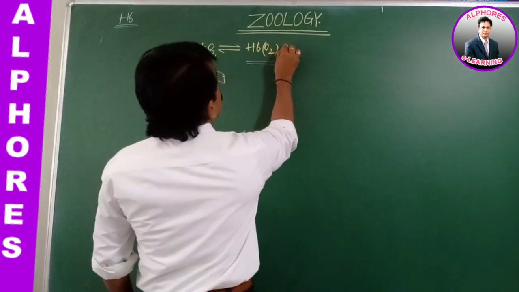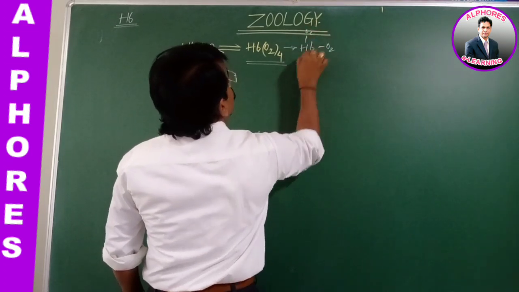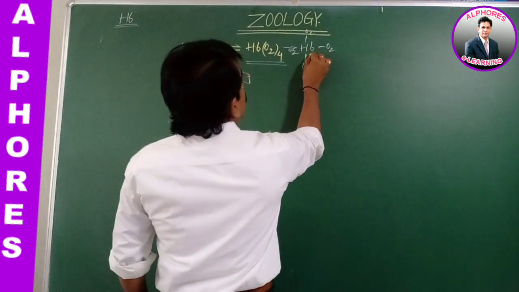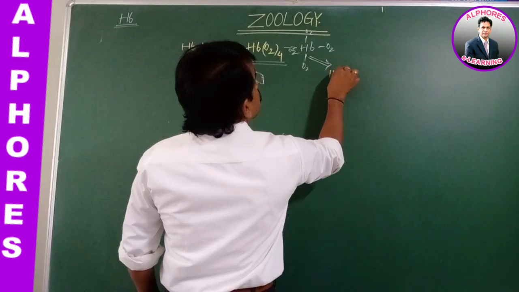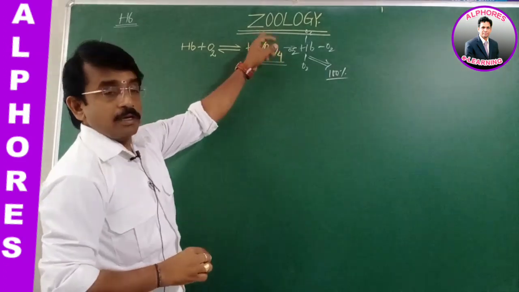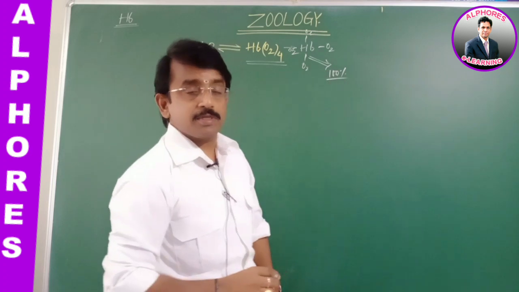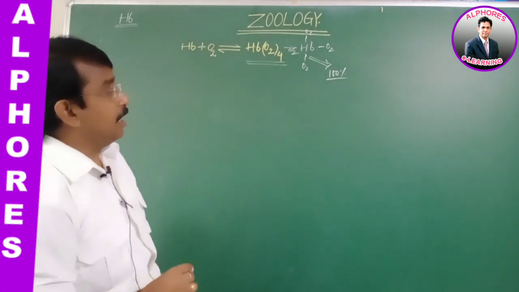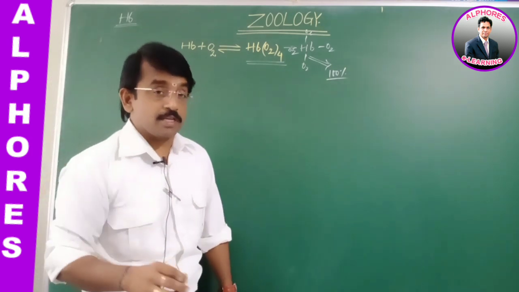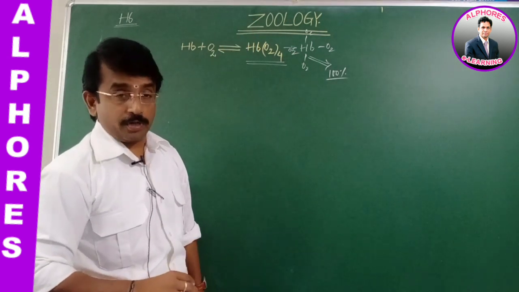Here what we learn is that hemoglobin carries 4 oxygen molecules, so the saturation of hemoglobin is 100%. If it is carrying 3 oxygen molecules, 74% is the saturation. So by means of hemoglobin, oxygen gets transported.